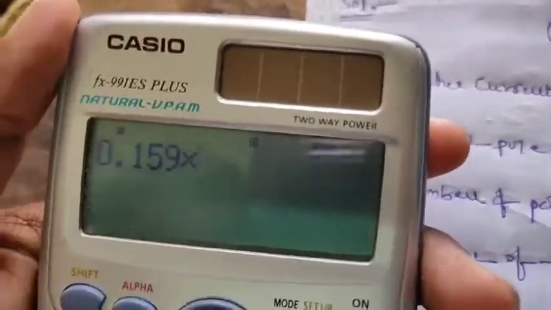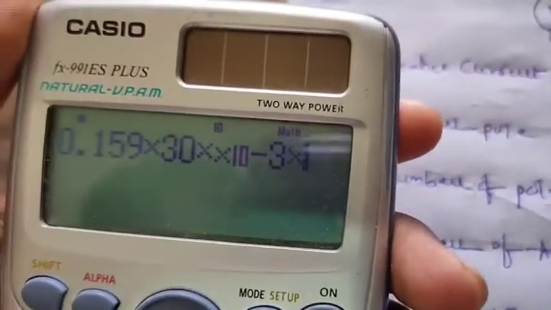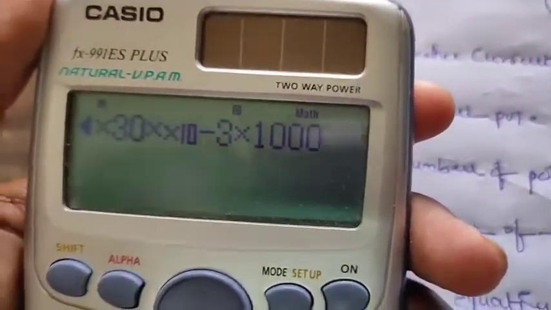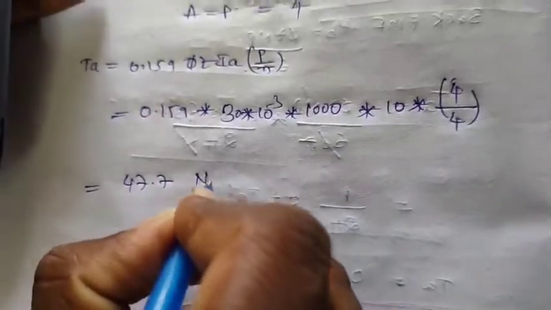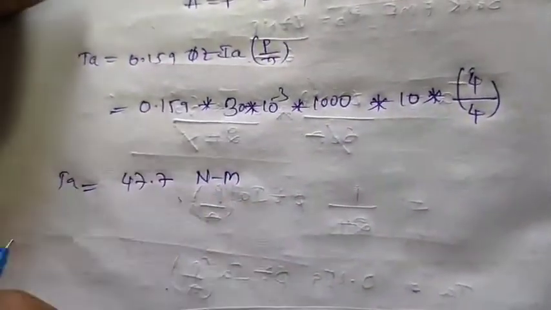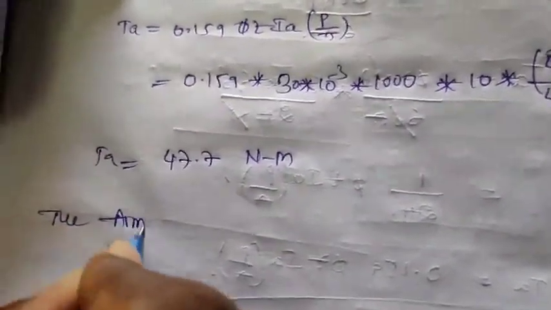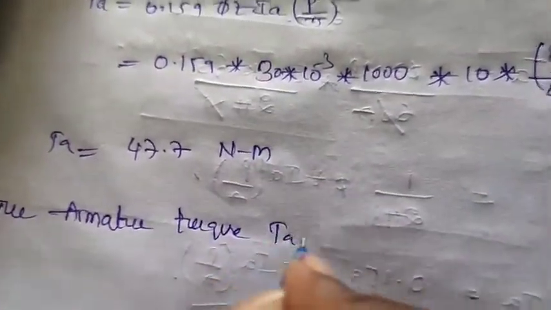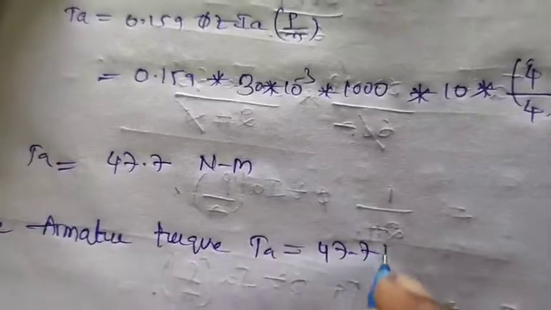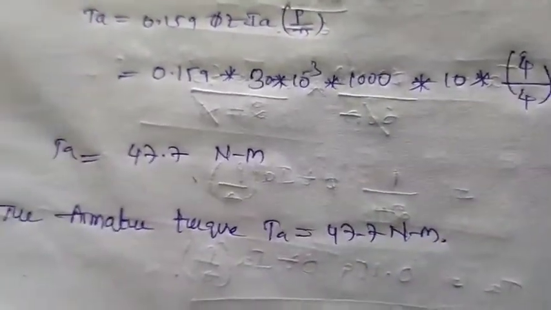You can calculate 0.159 into 30 into 10 power minus 3 into 1000 into 10. So we have 47.7 Newton meter. The armature torque TA equals 47.7 Newton meter.